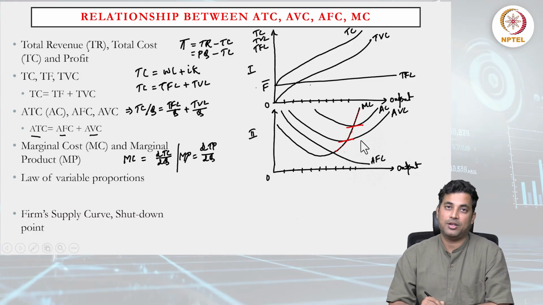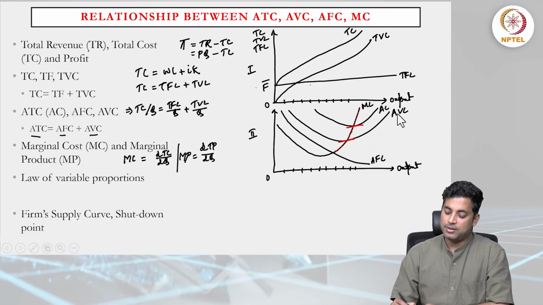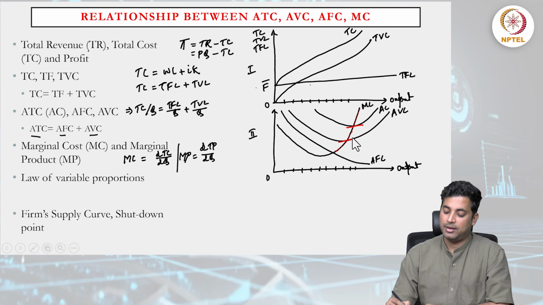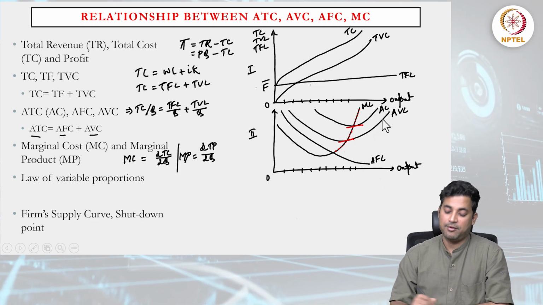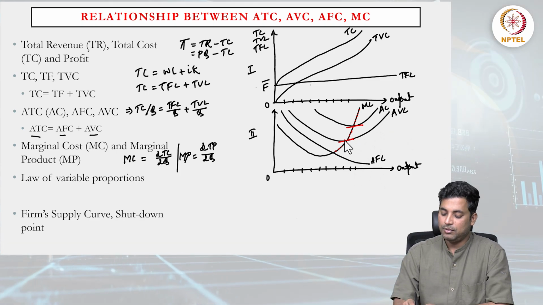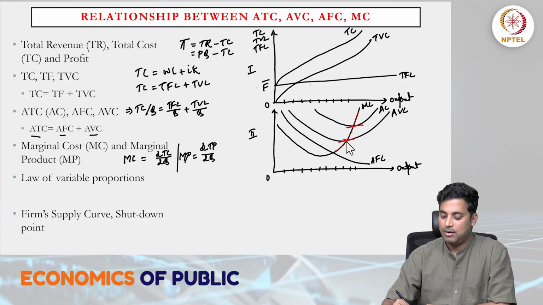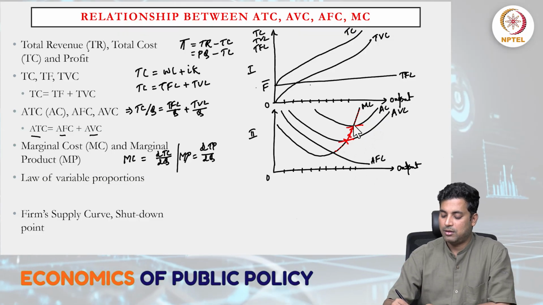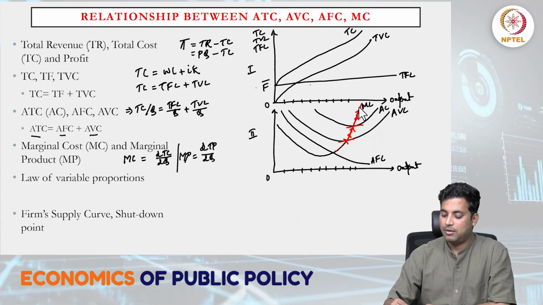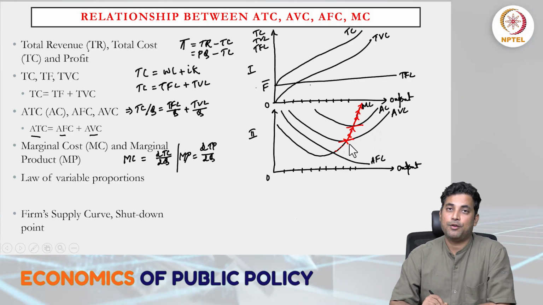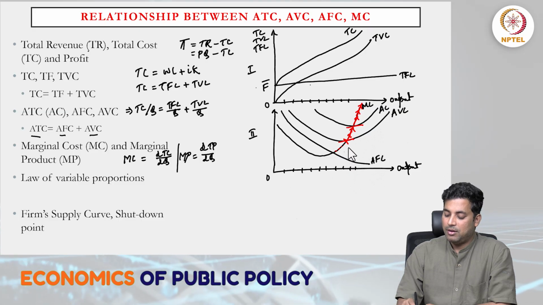One is average variable cost, and it will also cut the minimum point of average cost. So this point where the marginal cost curve is cutting the minimum point of average variable cost.